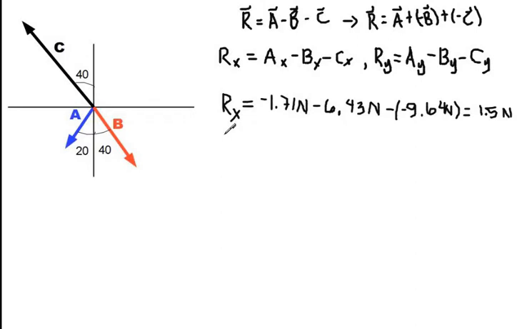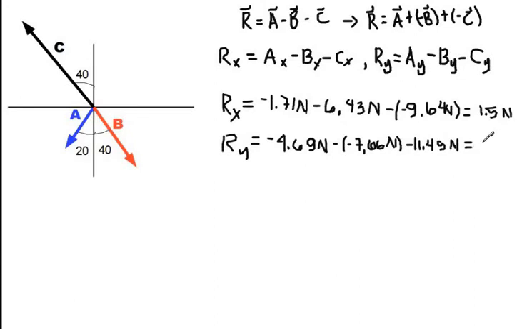Then how about the Ry? So ang Ry is equal to negative 4.69 minus the negative of 7.66 Newton minus 11.49 Newton, which is equal to negative 8.52 Newton.